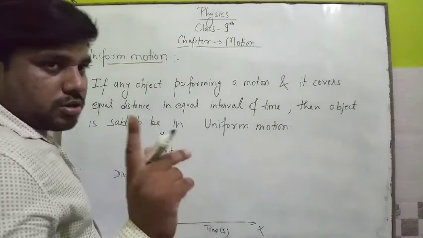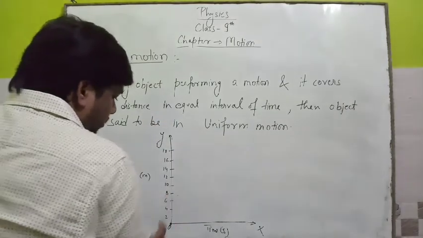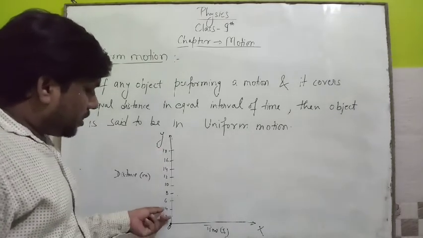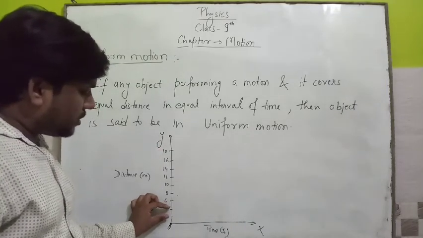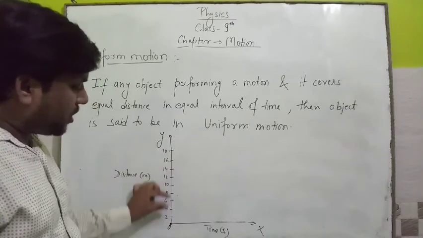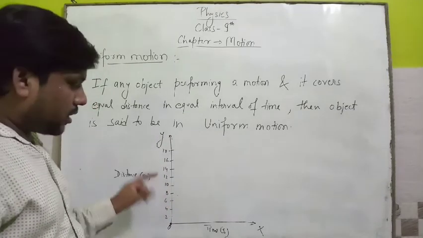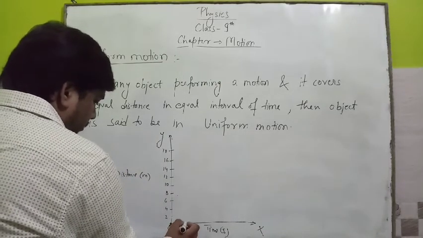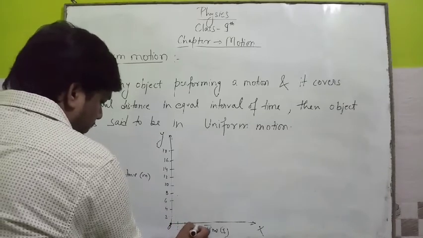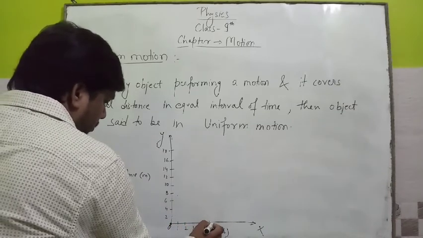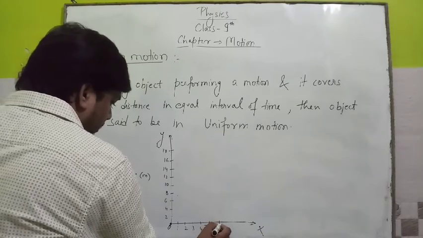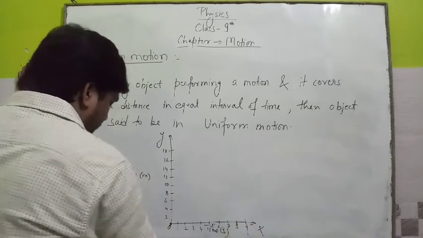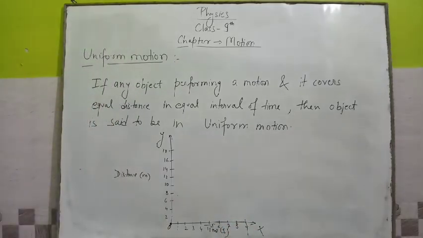You also see that the distance between these two lines is always uniform, which means always equal. Clear? Same here, on the other axis you write 1, 2, 3, 4, 5, 6, 7, 8, 9 and so on.